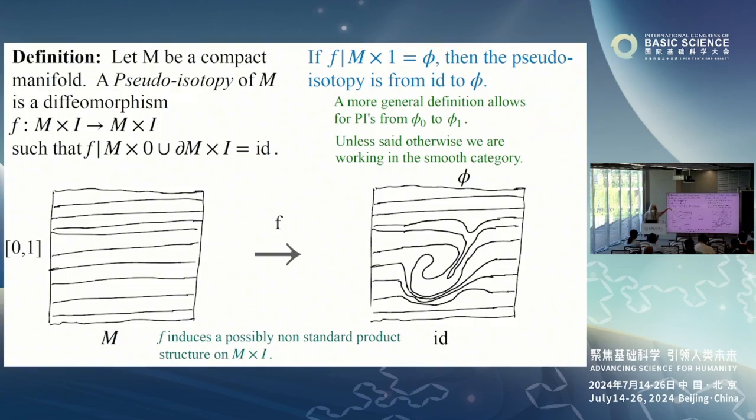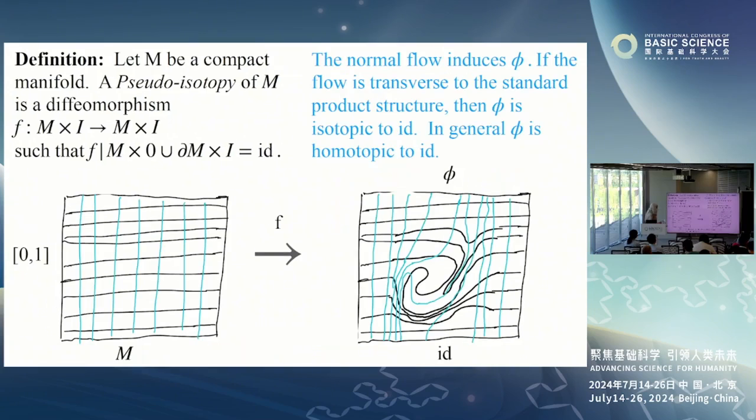So if you look at the restriction to the top, M cross 1 to M cross 1, and if the induced map is phi, then that's a pseudo-isotopy from the identity to phi. So one way is just to look at this directly. Another way is to think in terms of vector fields.